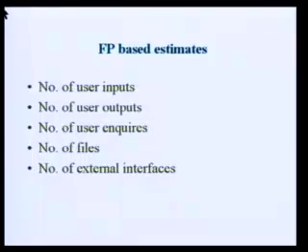So how many inputs your project is going to get, how many outputs you are going to give, how many times the user will be interfering in the process from input to output, the number of files that are going to be used by the software, and the number of external interfaces. First of all, you have to collect this data.